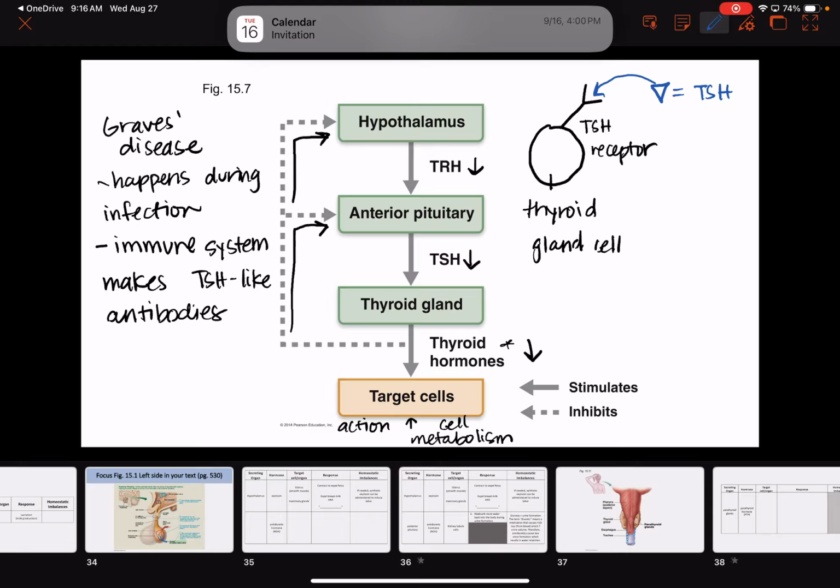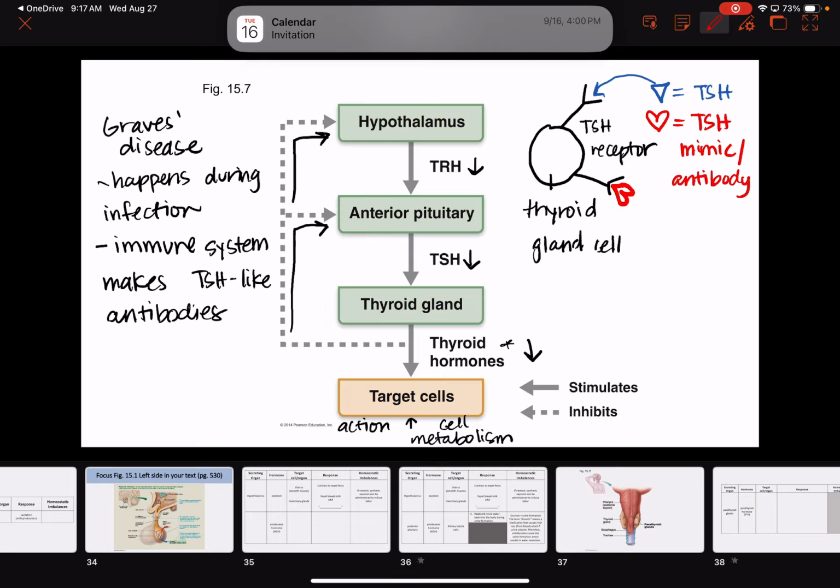Okay? In the case of Graves' disease, where your immune system is making this TSH-like antibody, you're going to have a mimic, and I'll draw another receptor. But that mimic can also fit. I'm not really good at drawing hearts. But that mimic can also fit in that TSH receptor.